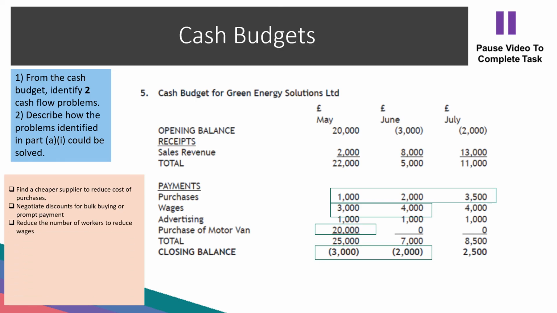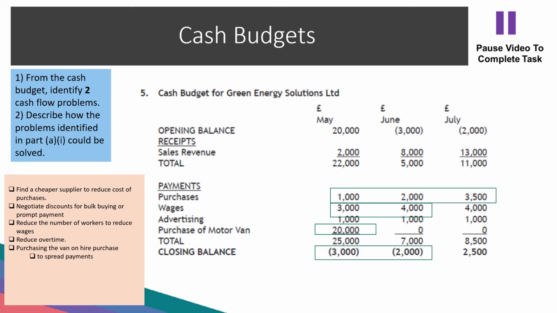To get the wages down, you might decide to cut overtime or cut the number of workers needed. Don't say fire workers, but you might want to reduce them. You might want to reduce overtime, or you could give them a reduction in pay.